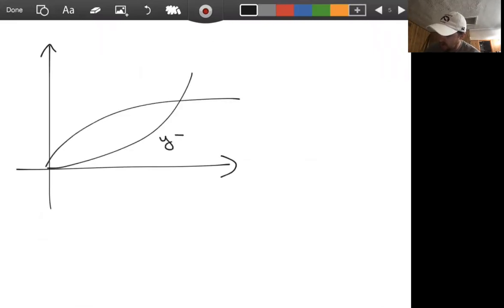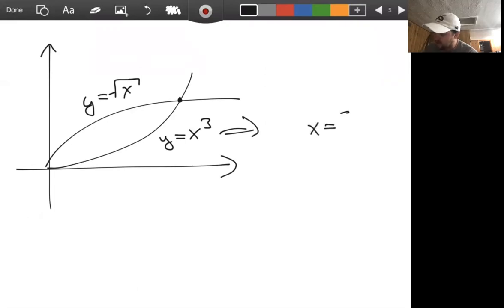We have y equals x cubed, and then y equals root x. If we just simply write the curves as functions of the other variable, for the bottom one we would get x equals the cube root of y, and for the top one we would get x equals y squared.